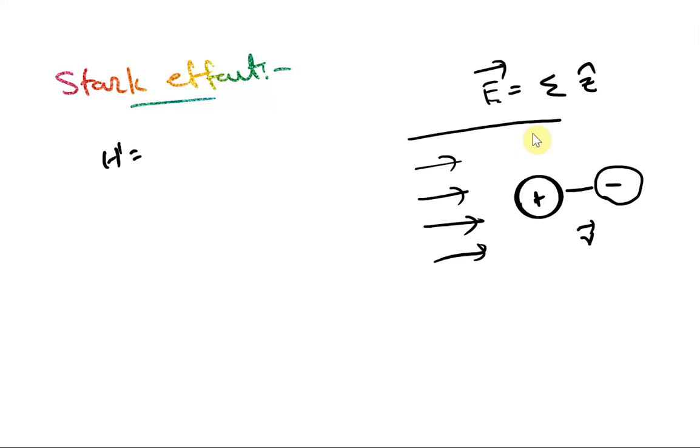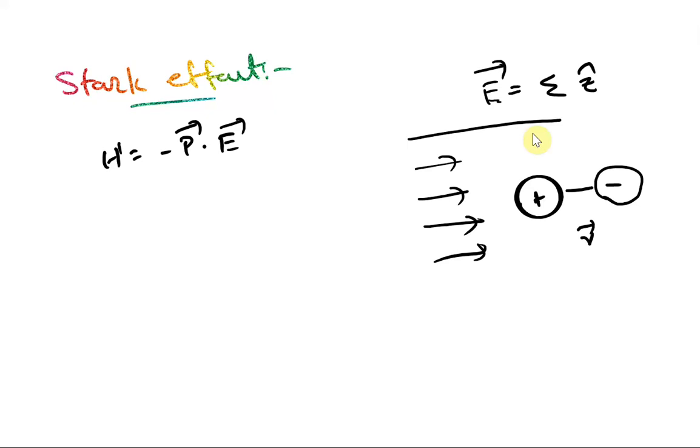H prime is nothing but minus P dot E, your electric field. So P is the dipole moment. Let us take the origin as the nucleus itself.